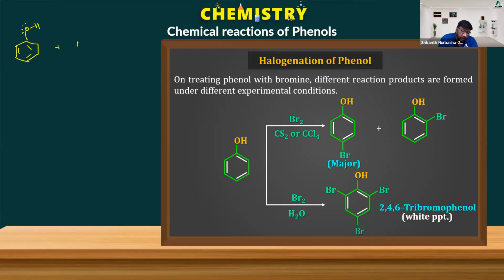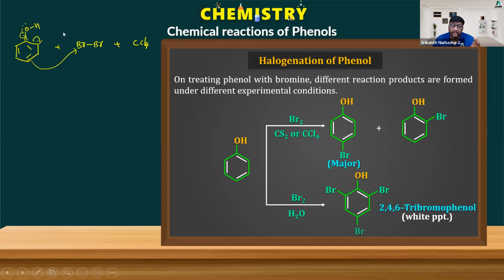And you take Br2 in the presence of CCl4. Whatever electron density we have increased at ortho and para positions in the phenol is actually polarizing the bromine molecule. Understand this point carefully. Br2 is non-polar in nature and CCl4 is a non-polar solvent. Is bromine polar or non-polar? Bromine is non-polar because it is a bond between two bromine atoms. But we are generating Br plus ion.